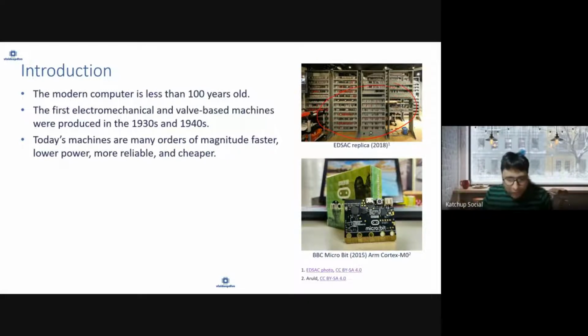Today's machines, of course, are orders of magnitude faster, lower power, more reliable, and cheaper. This developed after the development of the first transistors. It started to develop exponentially, and the improvement in performance, speed, and reliability increased exponentially.